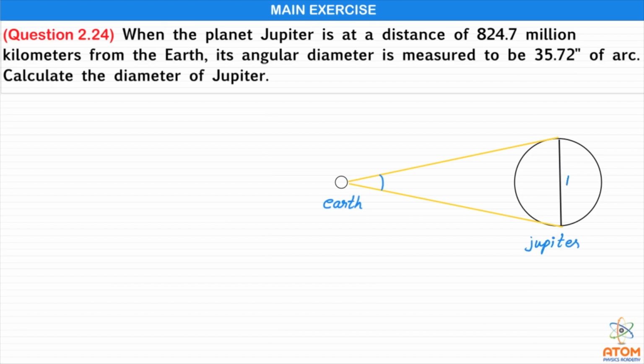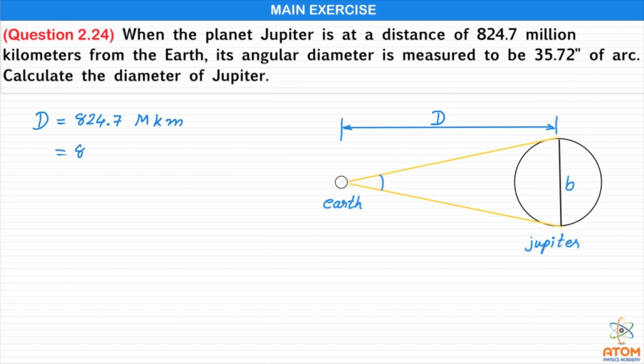Here is diameter b of Jupiter, and the distance of Jupiter from Earth is what we call capital D, and the value of capital D is given. The distance capital D is 824.7 million kilometer.